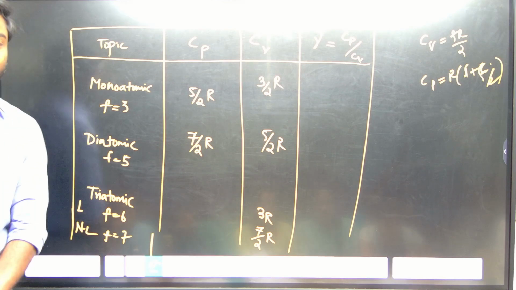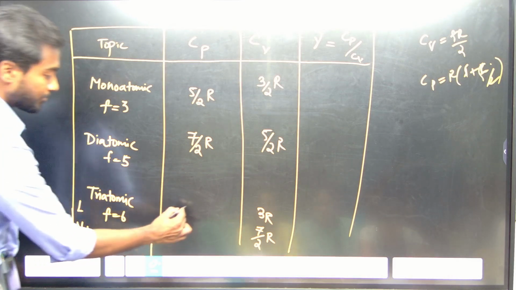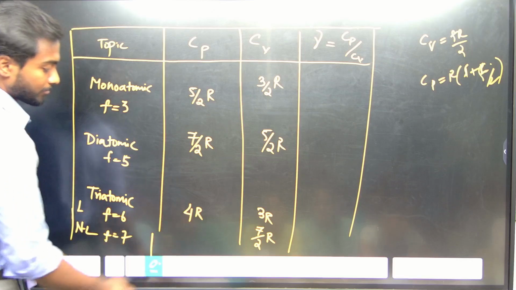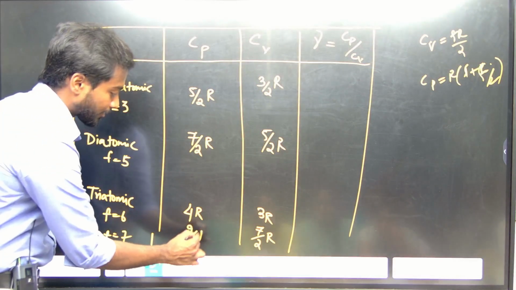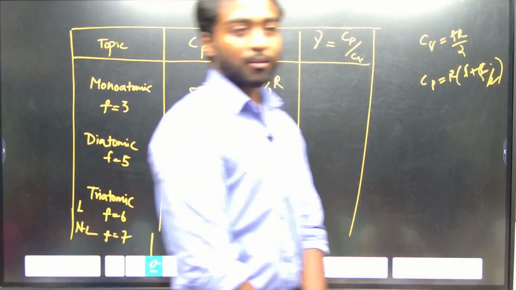What about the last two? 4R and this is 9 by 2 R. Cross verify it now, fast.